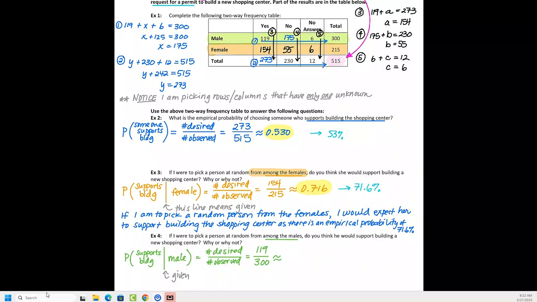And then we can stick that on our calculator. 119 divided by 300 is 0.397.